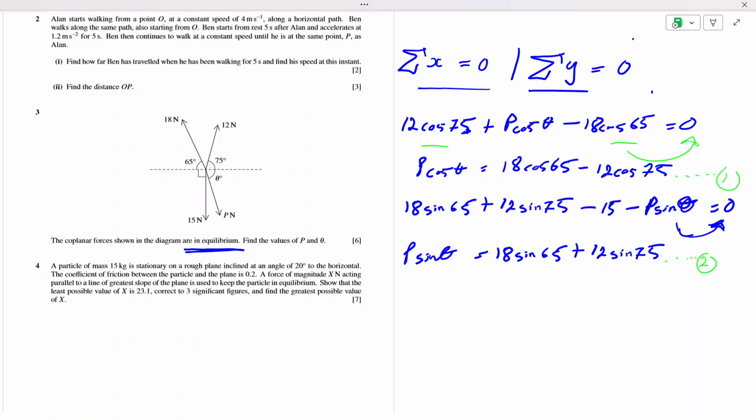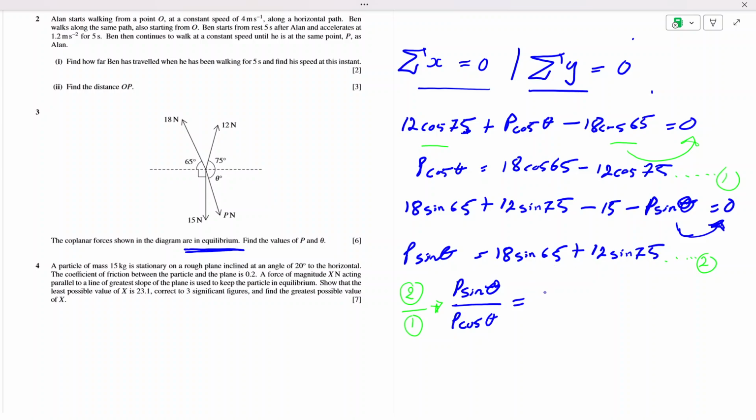Okay. Then I'll solve equation 1 and equation 2 simultaneously. Right. If I divide equation 2 over equation 1 to get tan theta, it would look something like that. It will be P sine theta over P cos theta.